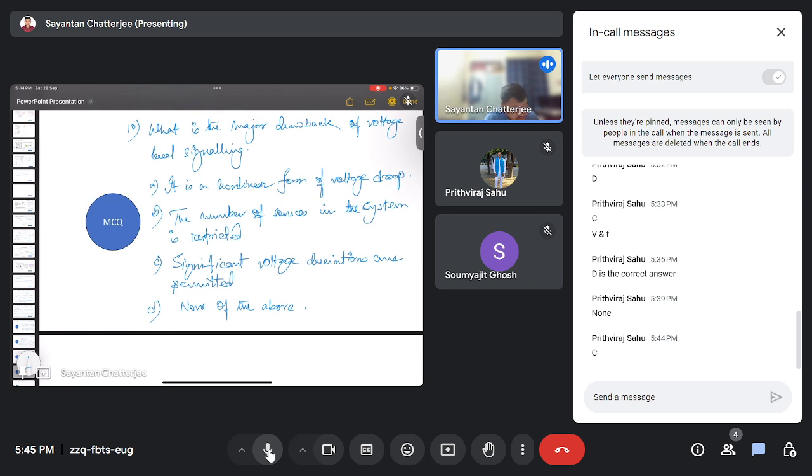B, number of sources in the system is restricted. C, significant voltage deviations are permitted. D, none of the above. C means significant voltage deviations are permitted. No, it is wrong. C is wrong.